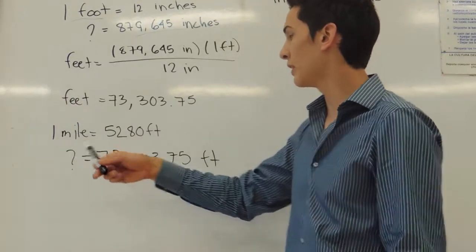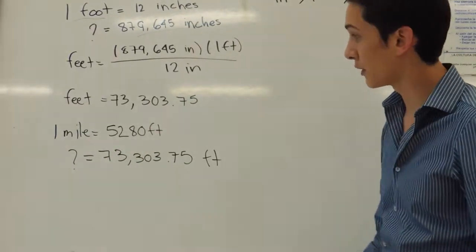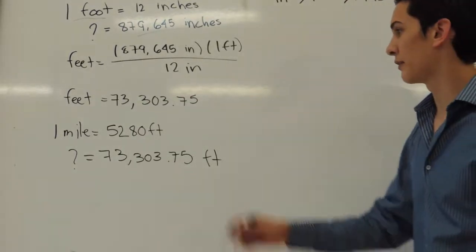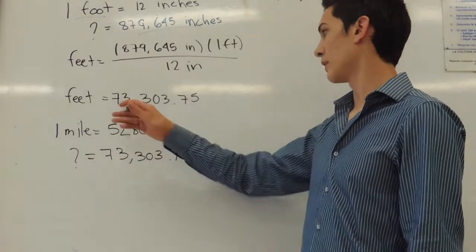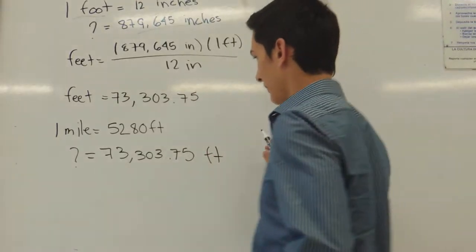So we know that 1 mile equals 5,280 feet. So this result, how many miles will it be?